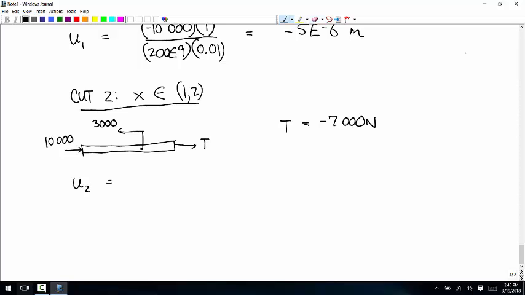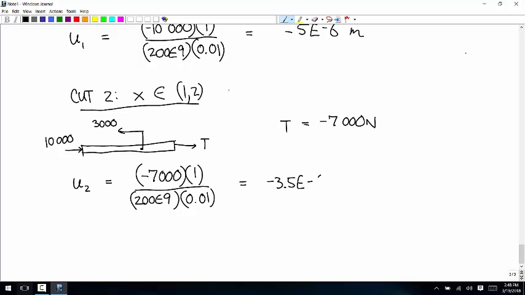So U2 is equal to negative 7,000 times 1 divided by 200 times 10 to the 9 times 0.01. And you get negative 3.5 times 10 to the minus 6 meters. And so the total elongation is those two added together, negative 5 times 10 to the minus 6 minus 3.5 times 10 to the minus 6.